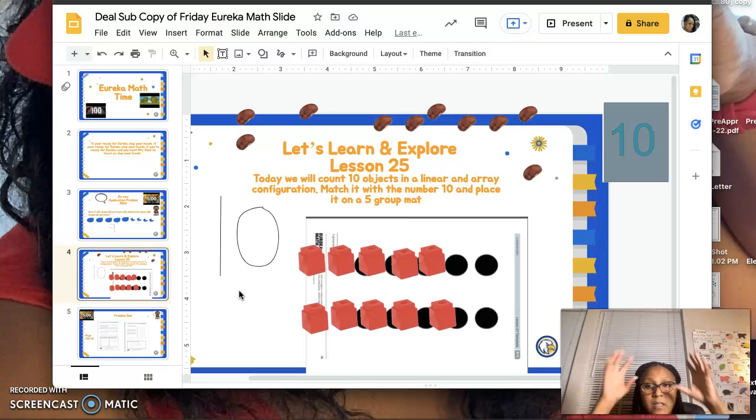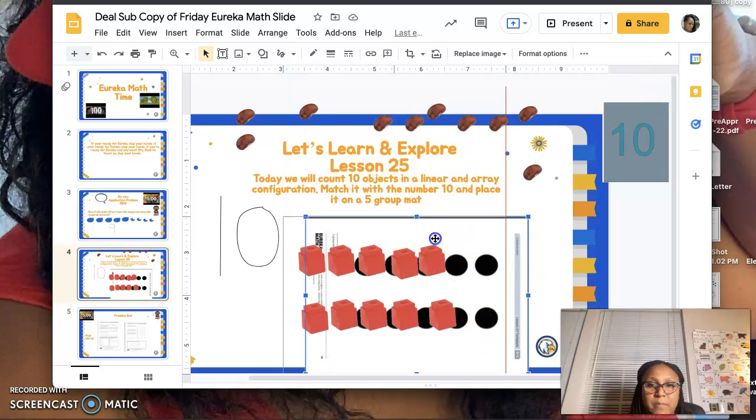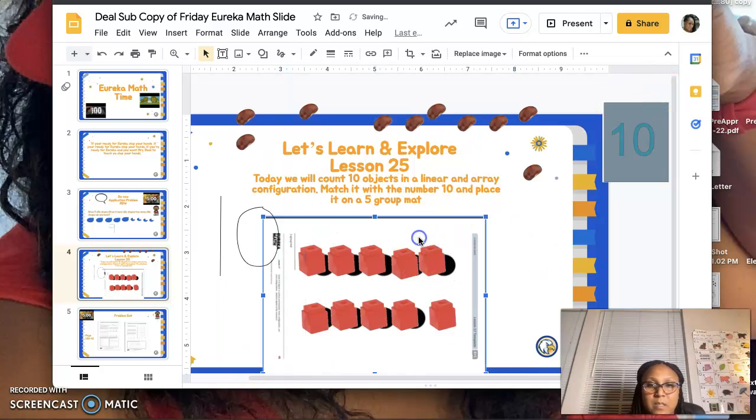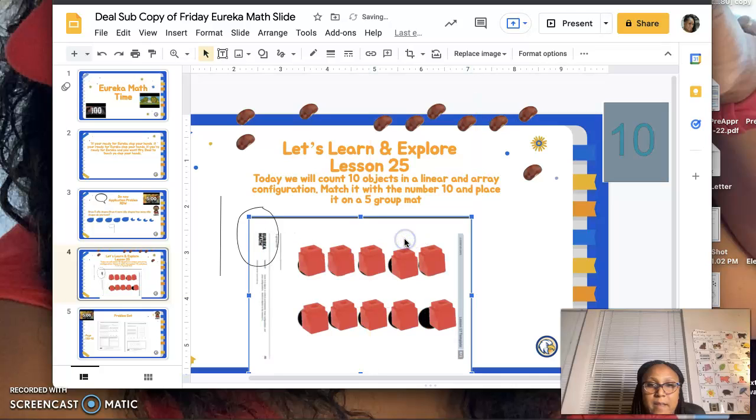It's not the quantity 1. It's not the quantity 0. We're just using those numerals. We're using the number 1. We're using the number 0 to make number 10. Okay? So 10 cubes are being represented on this 5 group mat.